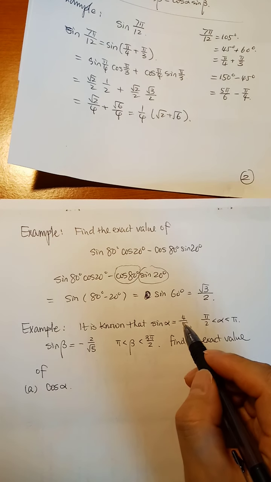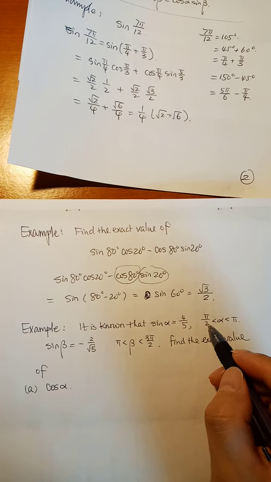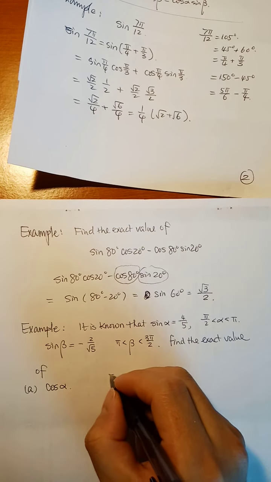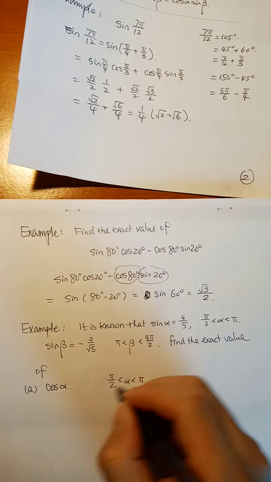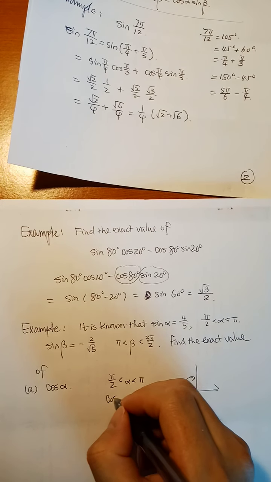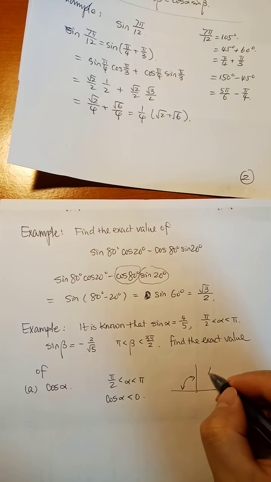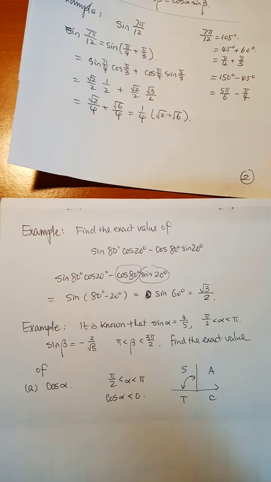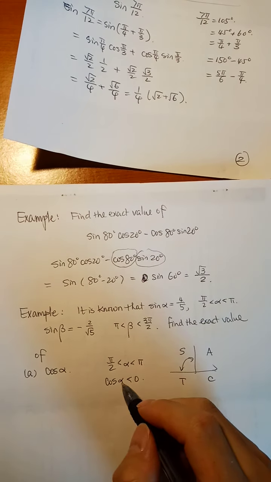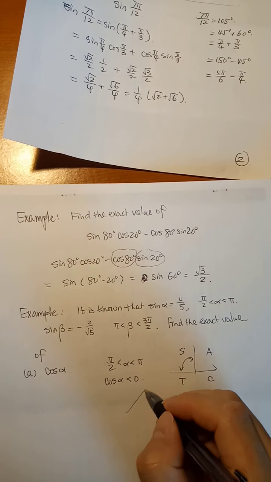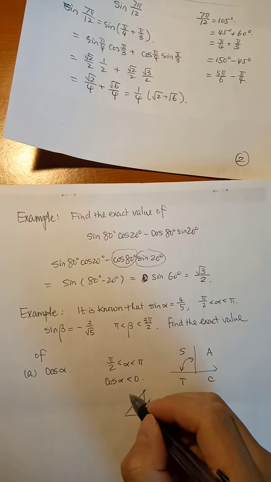So we know sine alpha is 4/5, and alpha is between pi/2 and pi. This is the second quadrant. Cosine alpha is negative. You see that in ASTC, right? Cosine is negative. And then let's see, sine alpha is 4/5. So you get 4, 5.